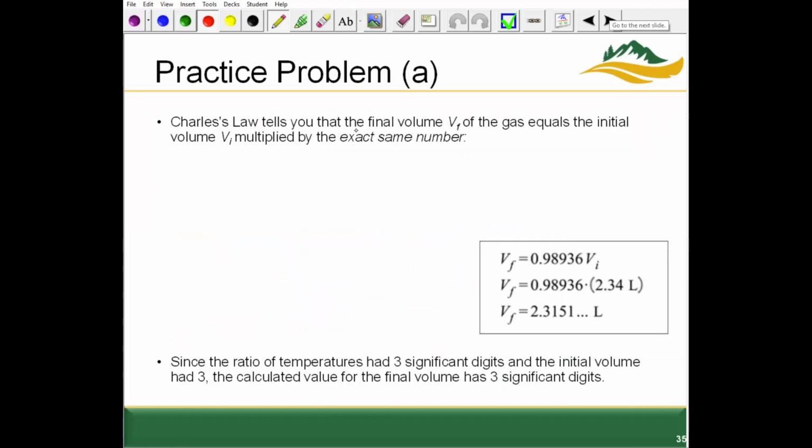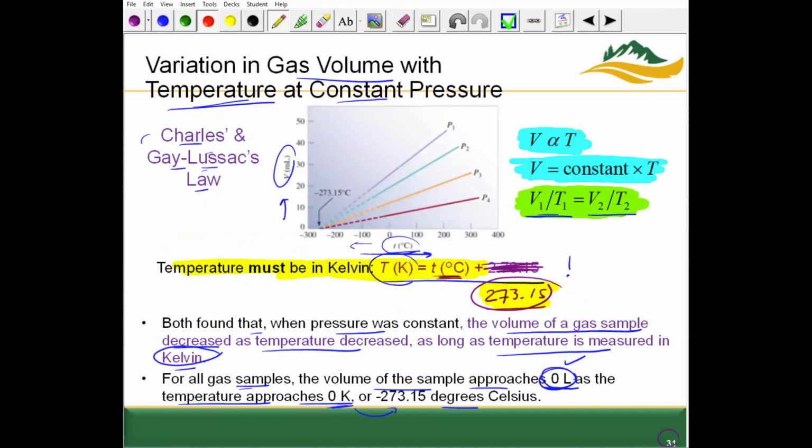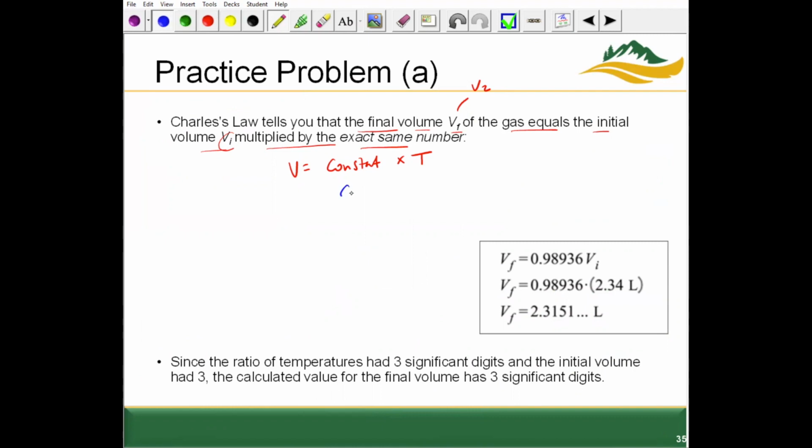So Charles' law tells us the final volume, or VF, or what I've been using is V2 of the gas equals the initial volume V1, multiplied by the exact same number. Where does this come from? Well, volume is equal to a constant times temperature. To rearrange this, then our constant would be equal to volume over temperature, right?